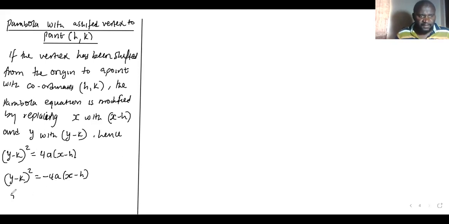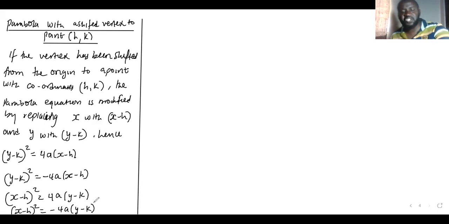Then we can also have (x − h)² equal to 4a(y − k). Likewise, (x − h)² equal to −4a(y − k). That is if it has shifted. So let us prove one proof that shows the shift can occur, and we arrive at those equations.